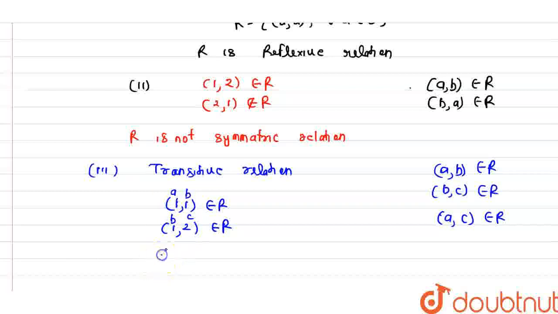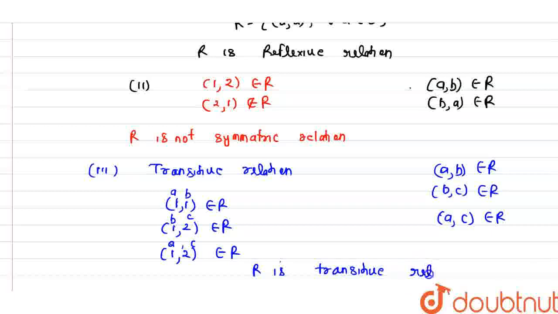So here we can say that (1, 2) also belongs to R, that is, this is (a, c). So the given relation is a transitive relation.